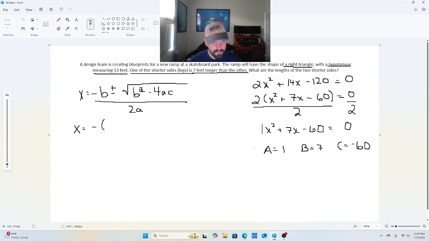So we have negative 7 plus or minus the square root of 7 squared minus 4 times 1 times negative 60, all over 2 times 1.